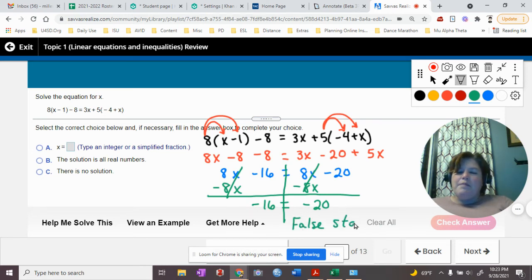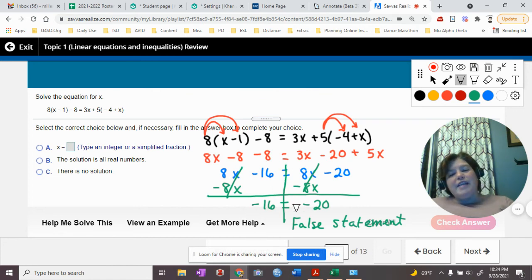So what does that mean? The question here is asking, how many solutions do we have? Solve for x, and then select the correct choice and fill in the box if we need to. So if we had x equals a number, then we would put that number in here, but we don't.